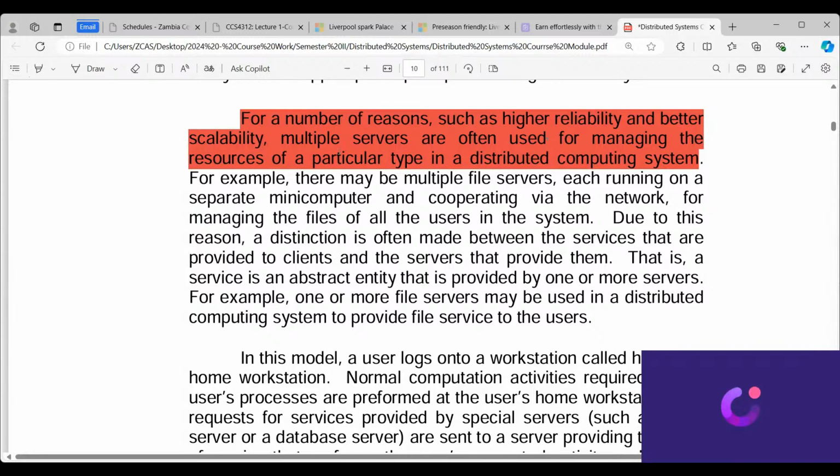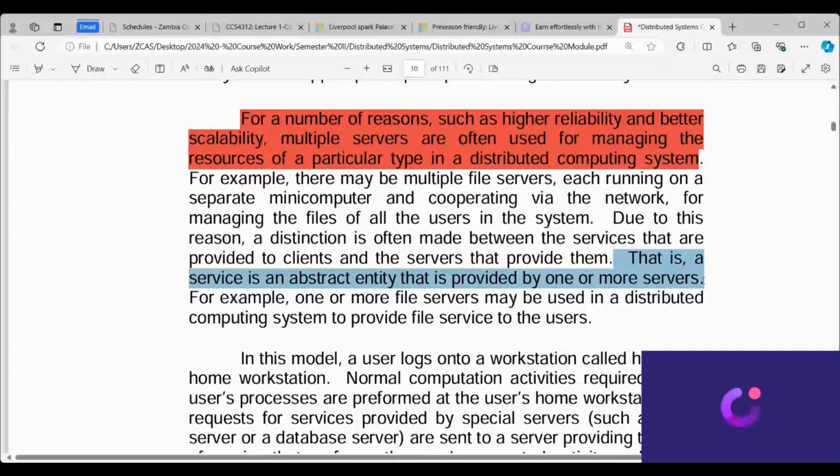For example, there may be multiple file servers, each running on a separate minicomputer and cooperating via the network for managing the files of all the users in the system. Due to this reason, a distinction is often made between the services that are provided to clients and the servers that provide them.